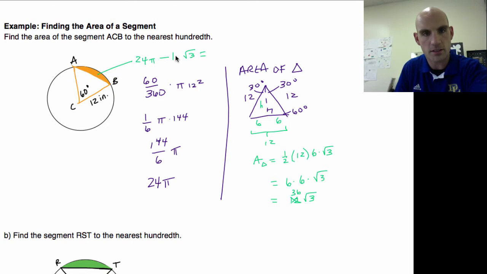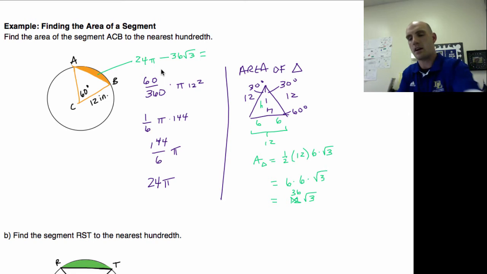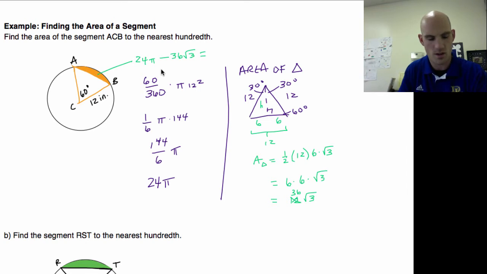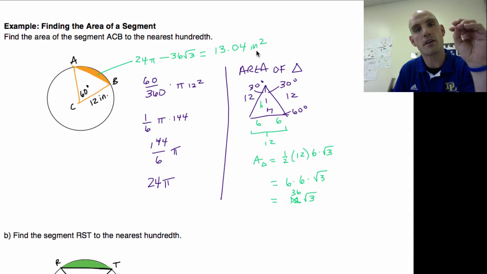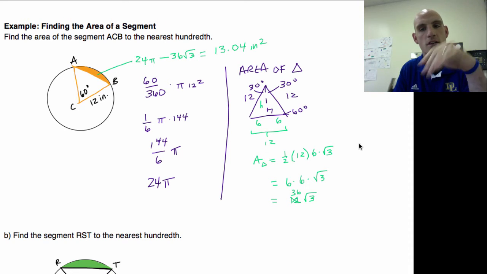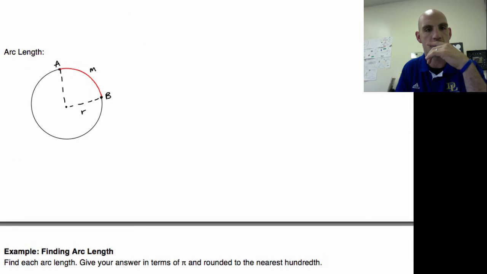Yeah, 6 times 6, not 12, actually 36. So 24 pi, plug that into the calculator. I've got 24 pi minus 36 root 3, and that's going to give me a grand total of 13.04 inches squared. So a little bit of work there to figure out the area of that triangle, but once you find the area of the sector, subtract the area of the triangle, and then you're good to go.